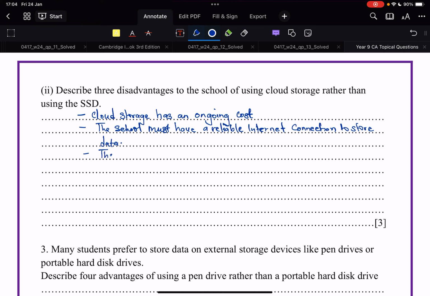The school must have an internet connection to access the data.